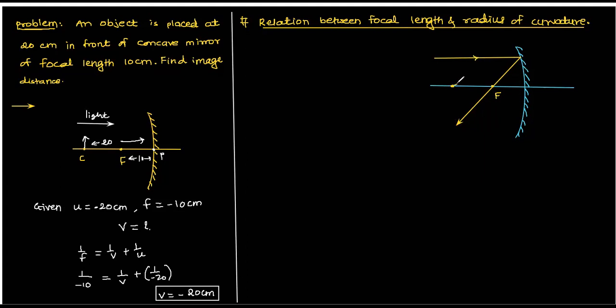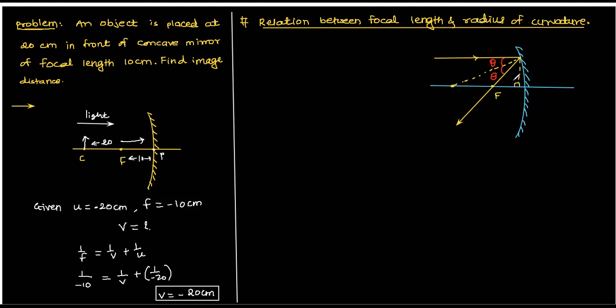Now I am drawing one line which is passing through the center of curvature. This will bisect the angle. So this angle is theta, and this angle is also theta. Let's draw a perpendicular here, like this.